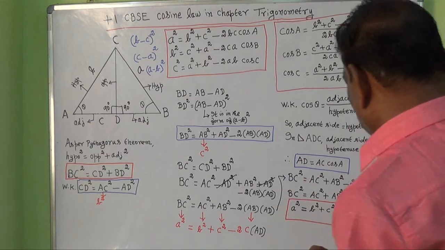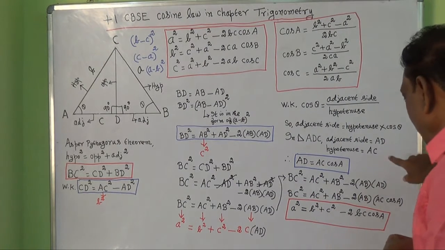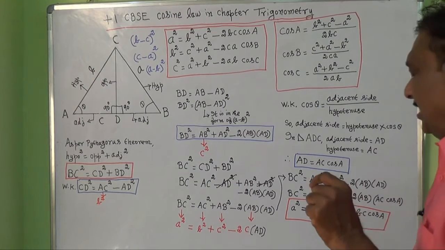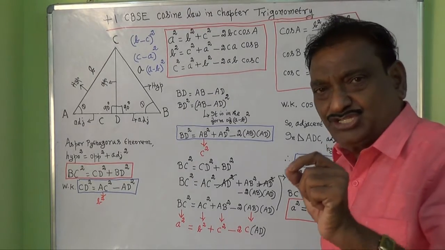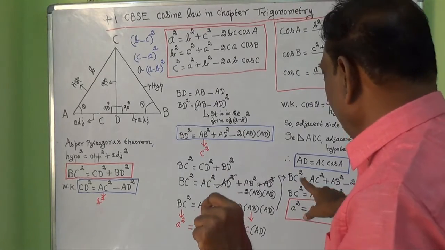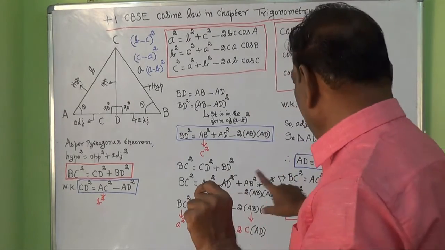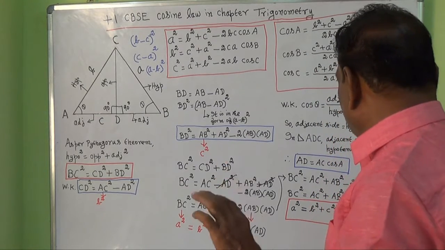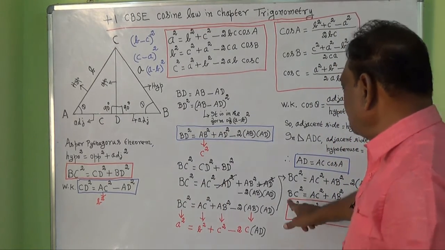So if we substitute AD as AC cos theta, we will get the equation BC square equal to AC square plus AB square minus 2AB into AC cos A. What is BC?